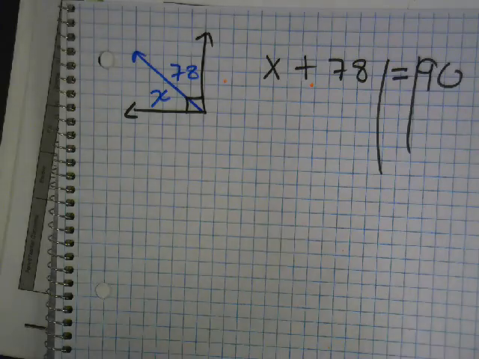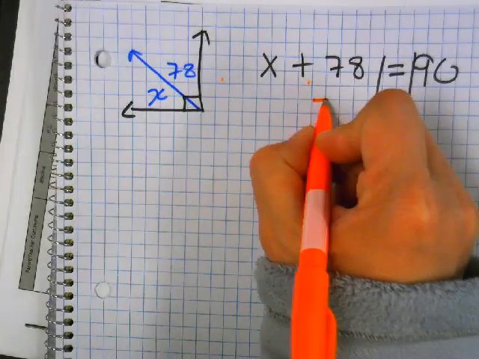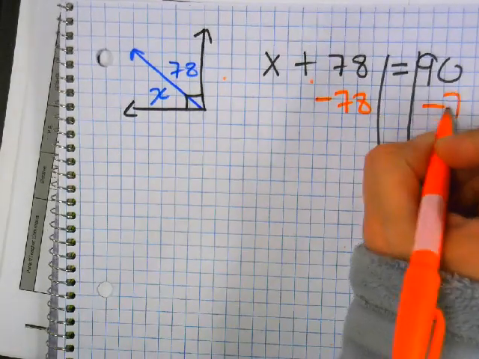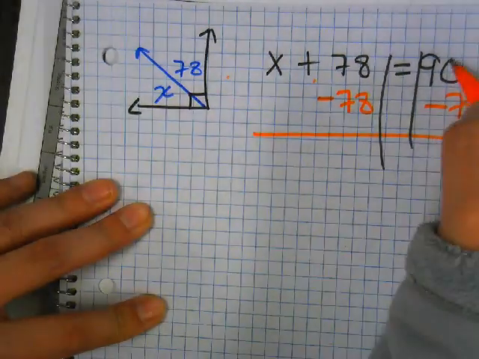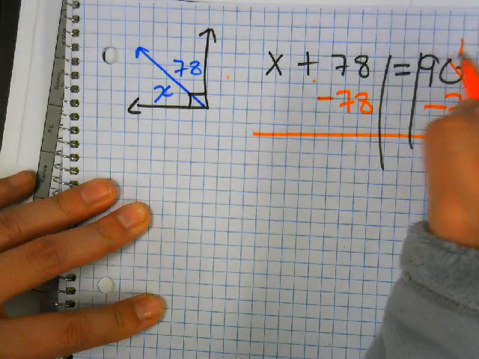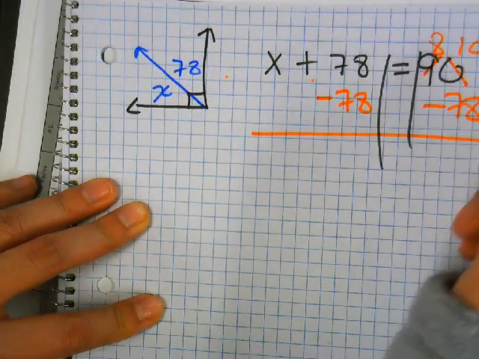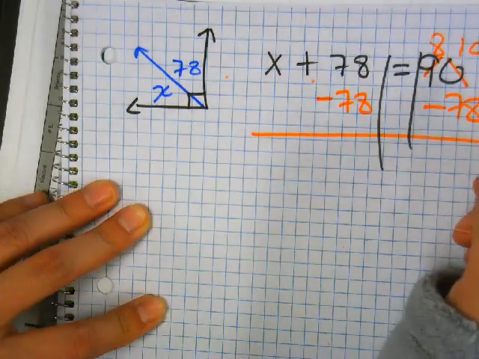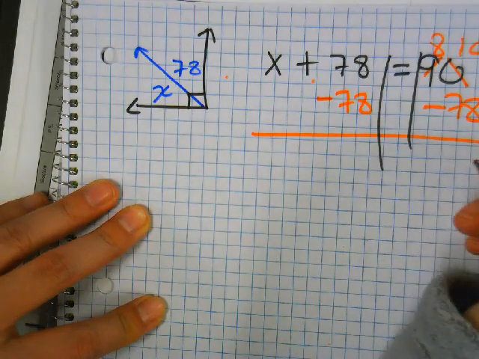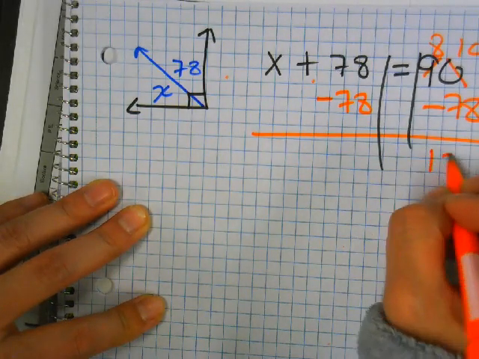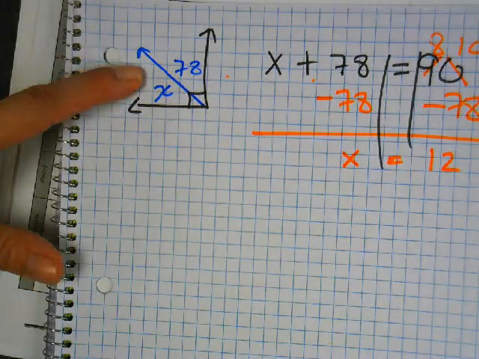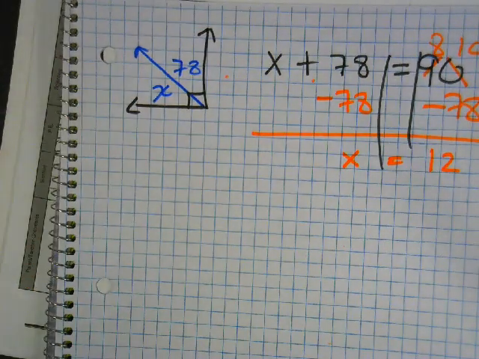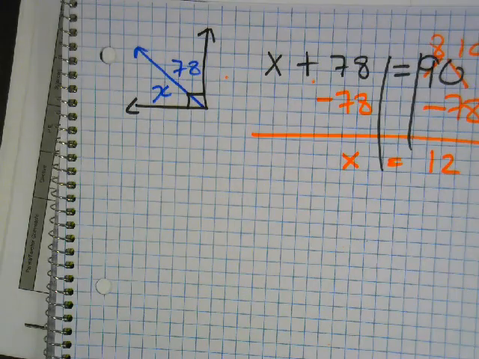So literally, all you're doing is subtracting. Pretty easy, right? So what does a 0 become? 10. What does a 9 become? 8. Notice I'm not asking you to use a calculator. You gotta do this by hand. And what did you guys get? 12 is equal to x. So that means that angle is 12 degrees. Did I use a protractor? Nope.